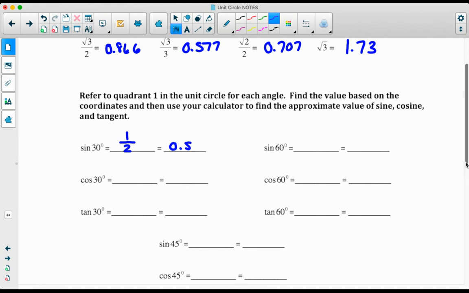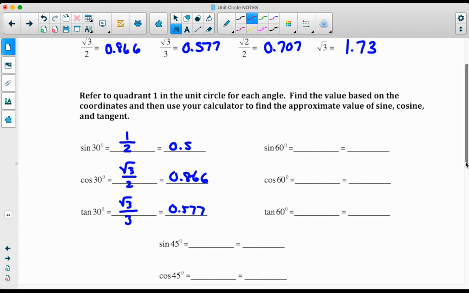For our 30-degree angle, cosine is our x value over 1, so it's √3 over 2. And as we did the decimal before, 0.866. And to finish this up, tangent, opposite over adjacent, you will have to do a little bit of algebra, but it comes out reduced to be √3 over 3 with a decimal value of 0.577. Problem with that algebra, please come see me.